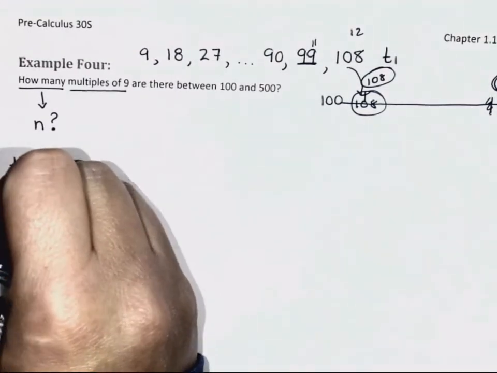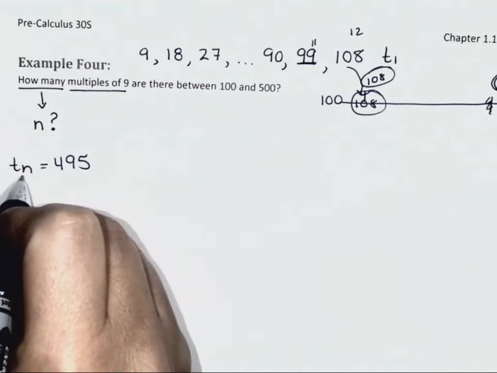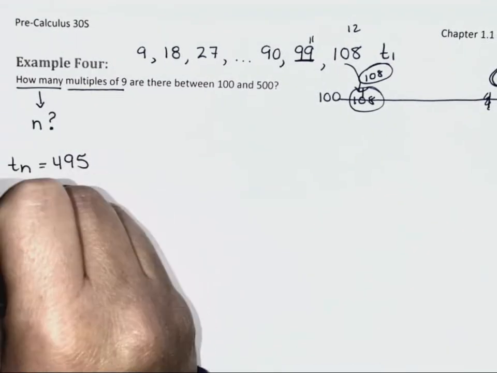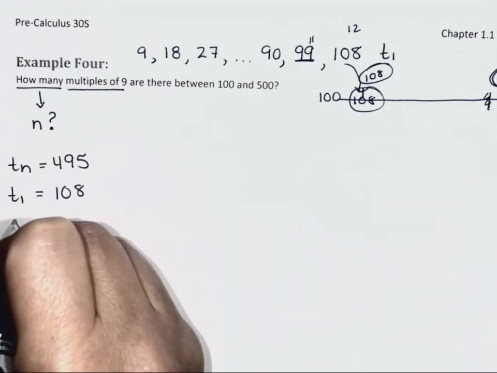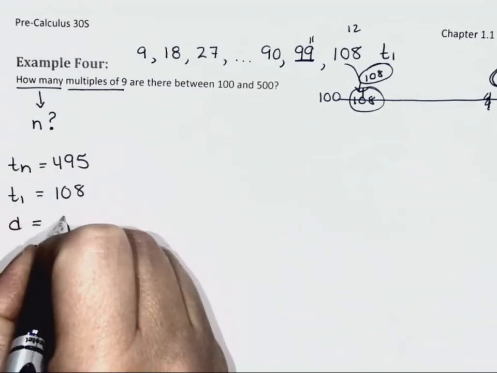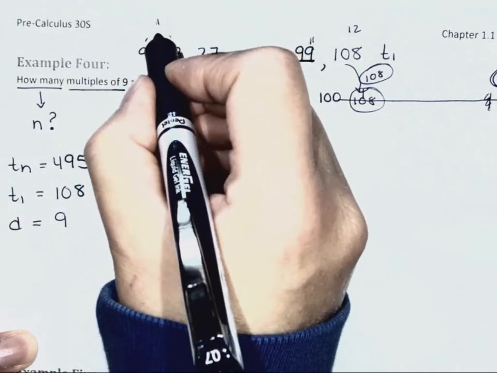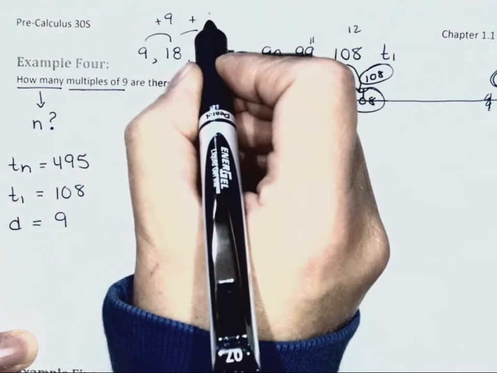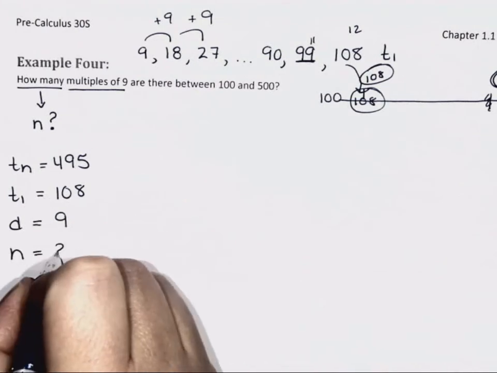I know that Tn has a value of 495. I don't know what n is yet, so I can't fill that in. I know that T1 has a value of 108. I know that the common difference is 9, right? Multiples of 9 must mean we're adding 9 each time. And I'm trying to solve for n.